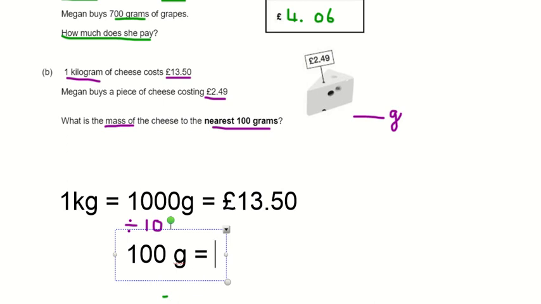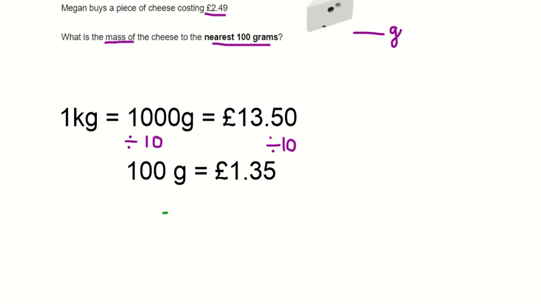And if I divide the weight by 10, I also need to divide the money by 10. And again, if you're not feeling confident with dividing, please pause the video now and use your place value chart to help you. But I know most of you, if you were to divide this by 10, you'd know it'd be £1.35.